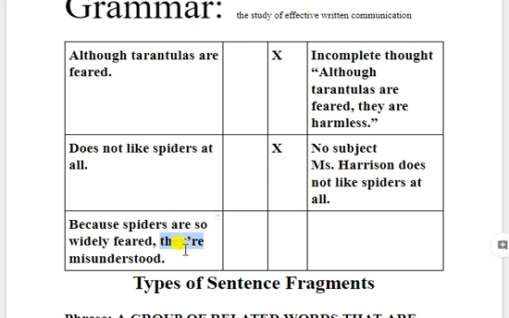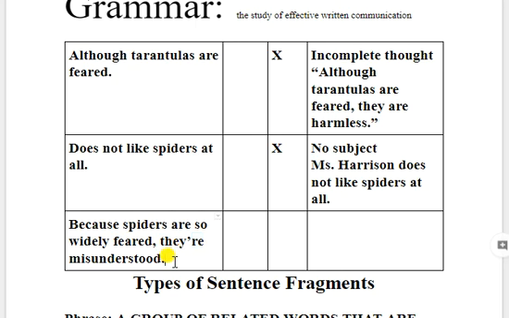Usually the second word, the verb, is shortened, and we throw in a little apostrophe in its place. So instead of saying they are misunderstood, we say they're misunderstood. But this stands for the word are, which is a form of the word be. And who are misunderstood? They. So we actually have two subjects and two verbs. So we have both here.